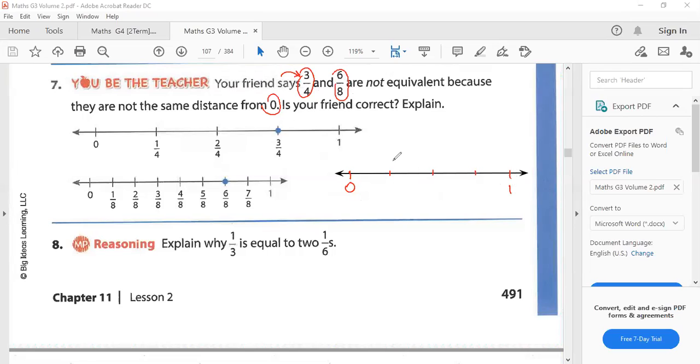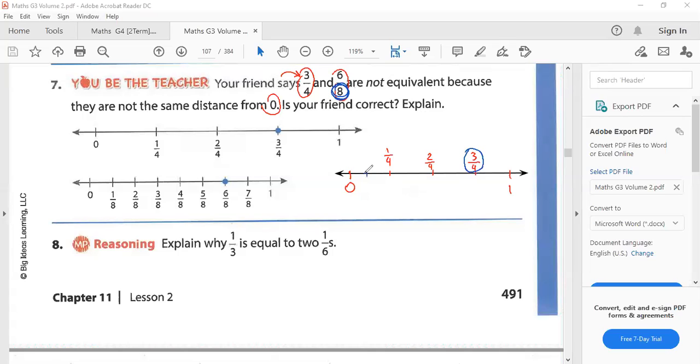So this is 1 over 4, 2 over 4, and 3 over 4. We're going to circle 3 over 4. And down, we're going to divide into how many equal parts? 8. Excellent.